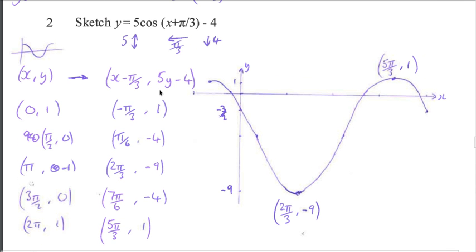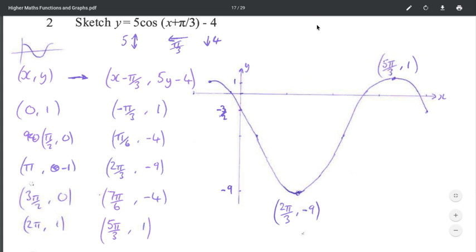So mark on the y-intercept, mark on all of these key points. Remember, we're sketching, well, I've not actually said it in the question, I should have done, it's quite sloppy. We should be sketching between 0 and 2 pi, which is 0 and 360 if we're talking in degrees. So this point here, 2 pi radians later, we should be at that height again, because the graph has a period of 2 pi.